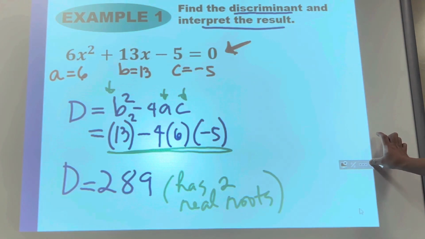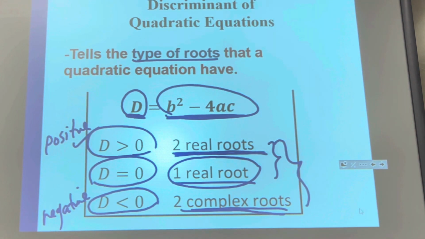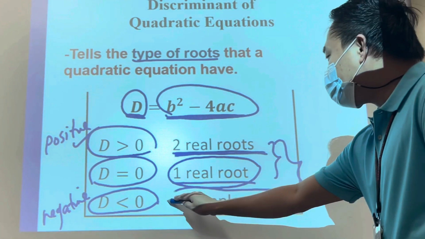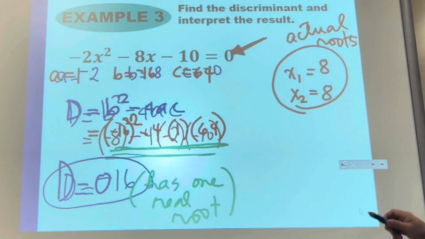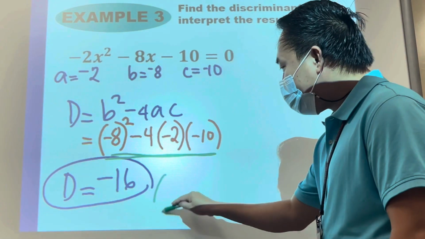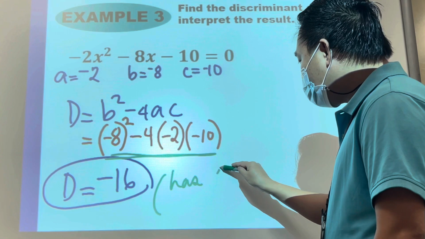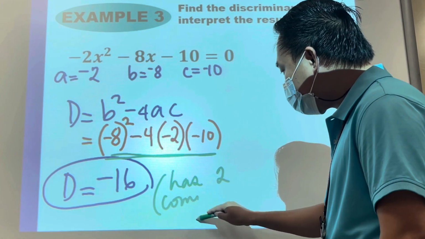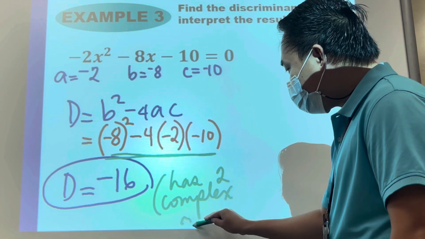So our number is negative. That means from the guide, it has two complex roots. This is the description: it has two complex roots.